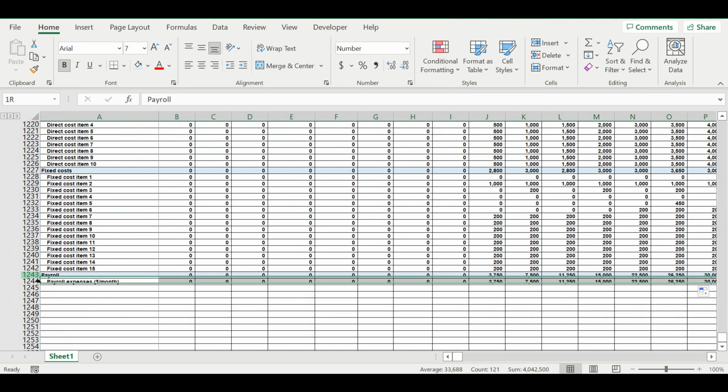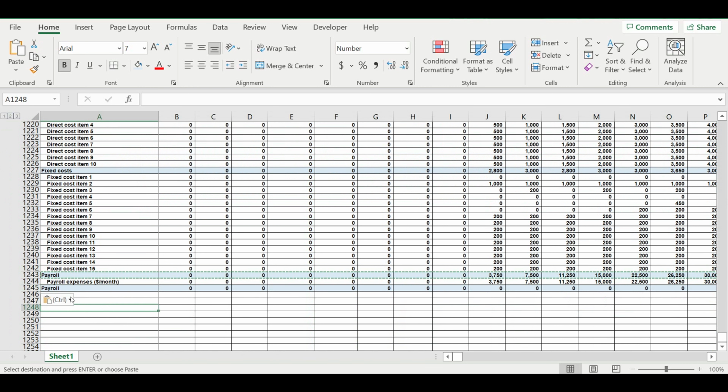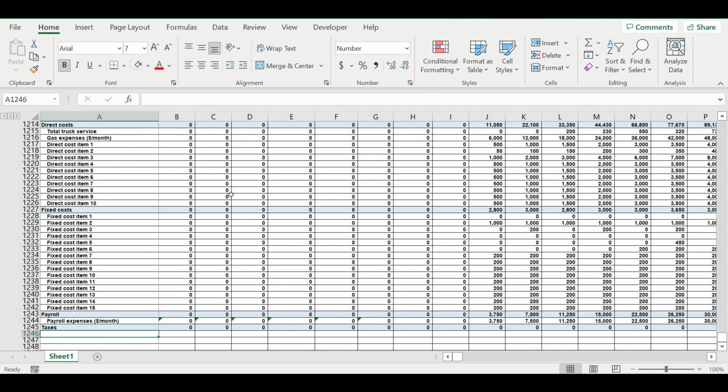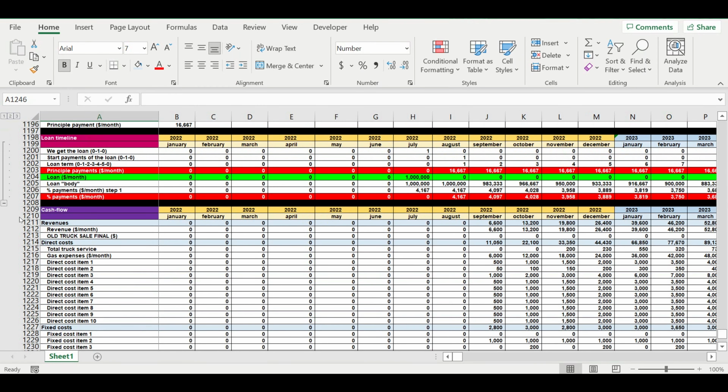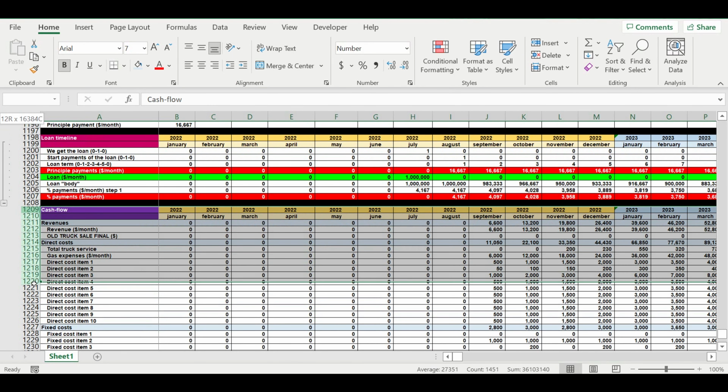Now we're moving to taxes. For taxes we will just create some additional block of inputs.